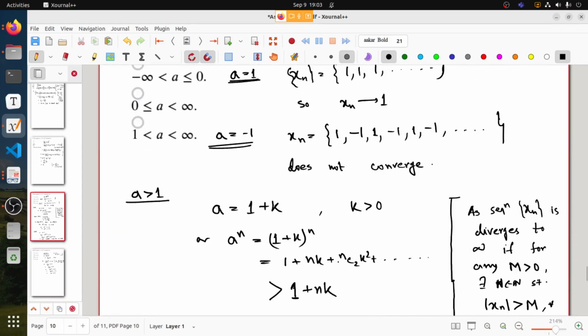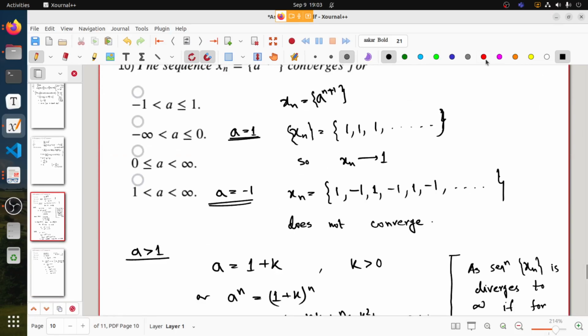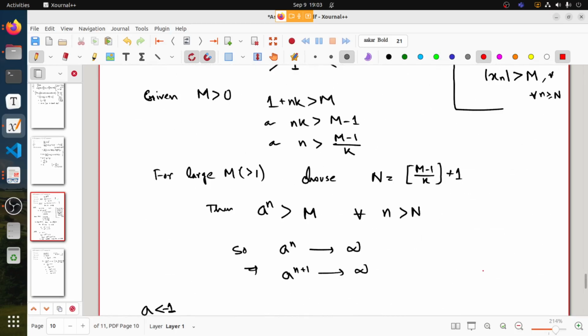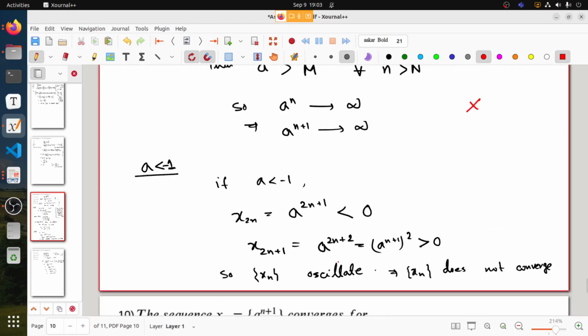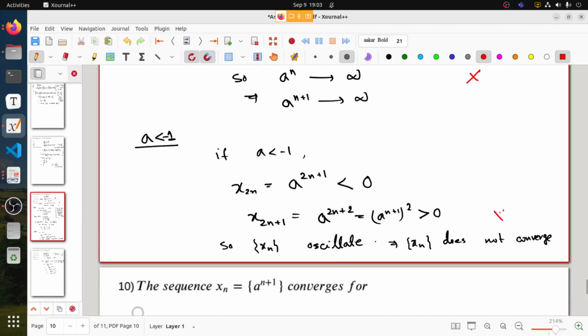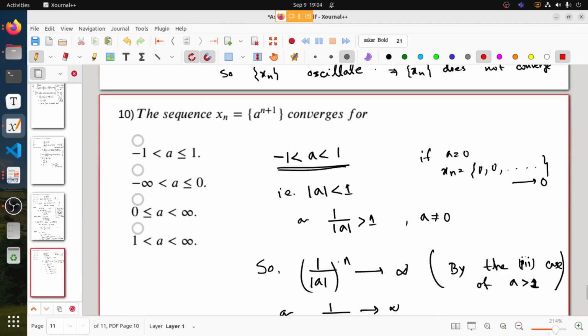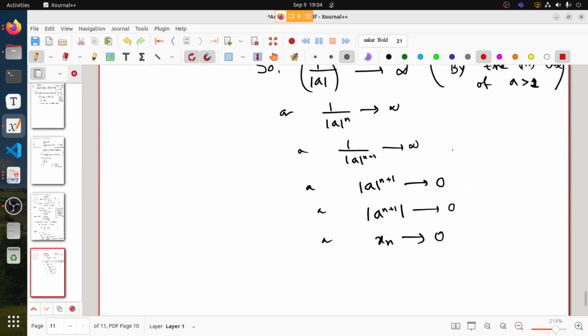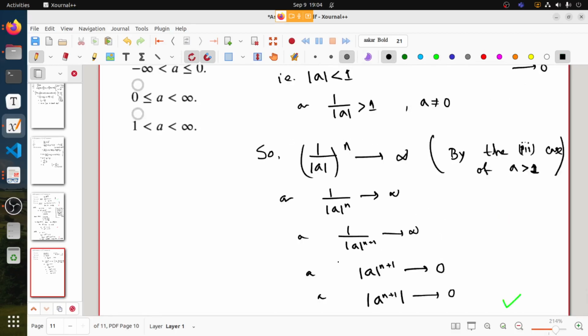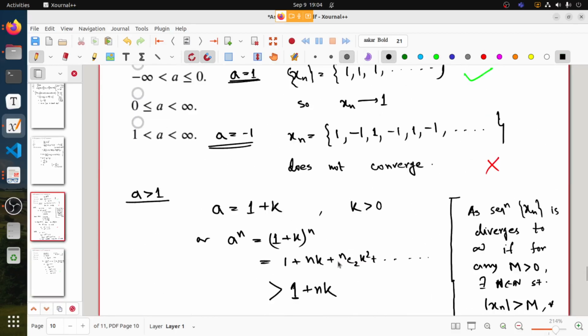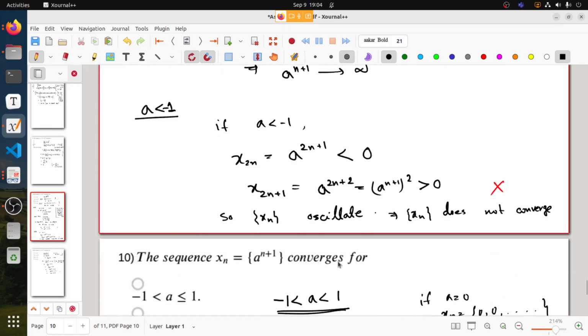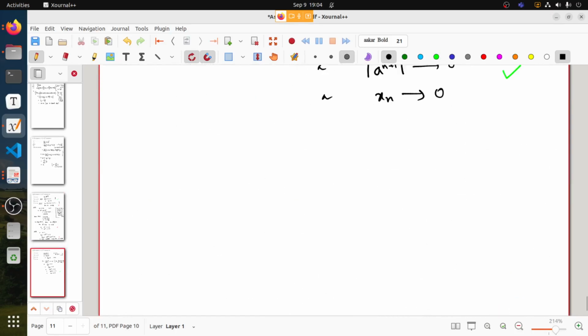So among the cases, for a equal to 1 the sequence is convergent. For a greater than 1, it does not converge. For a less than minus 1, it also does not converge, and when a is lying between minus 1 and 1, it converges. So we get that a equal to 1 and a lying between minus 1 and 1, the sequence converges.